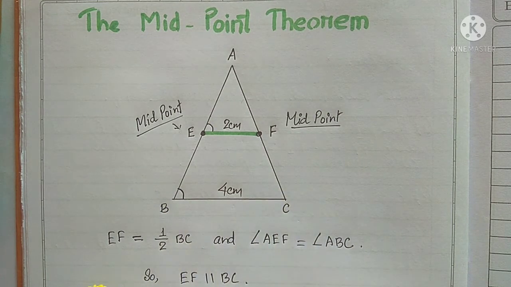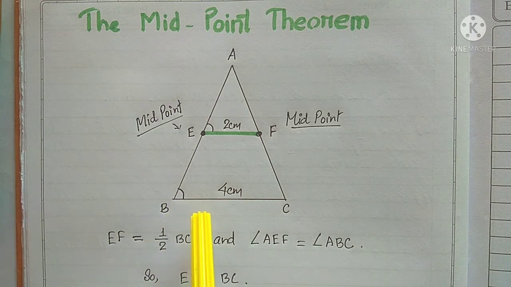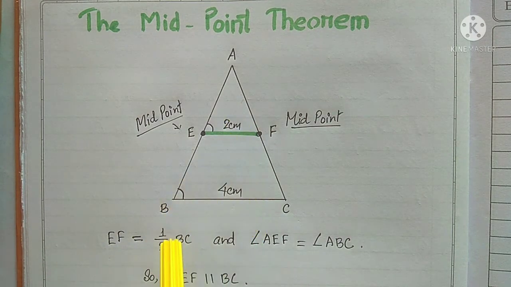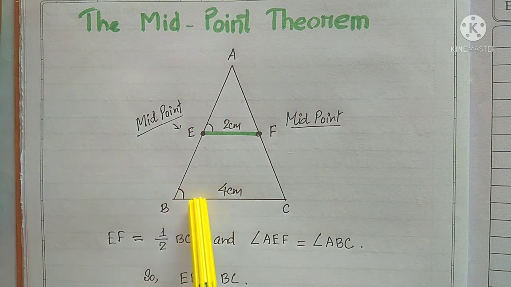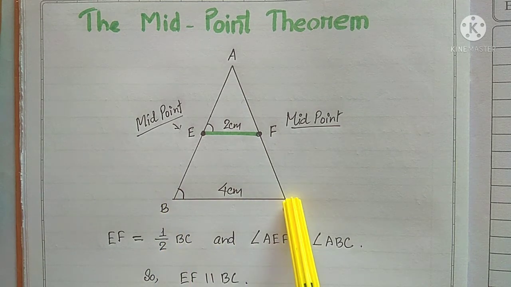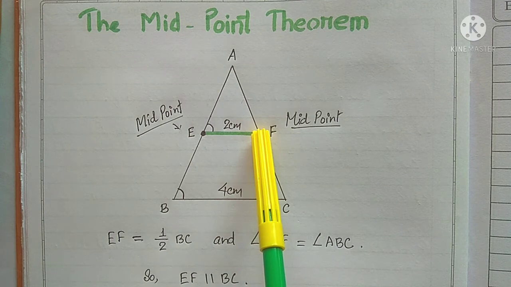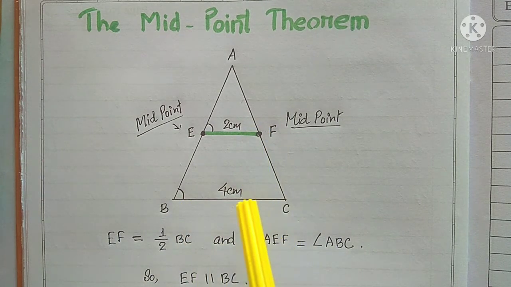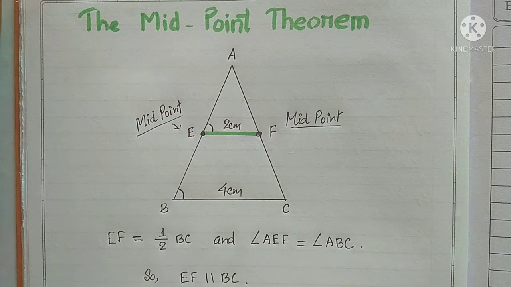For that reason EF equal to half of BC is written here. So if BC length is 4 centimeter, then EF equals the half of BC, which is 2 centimeter.